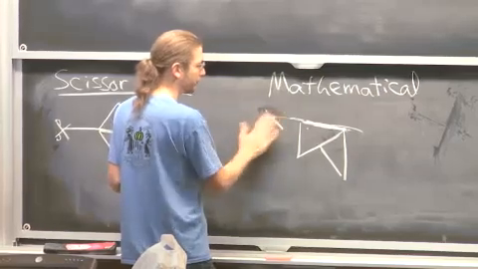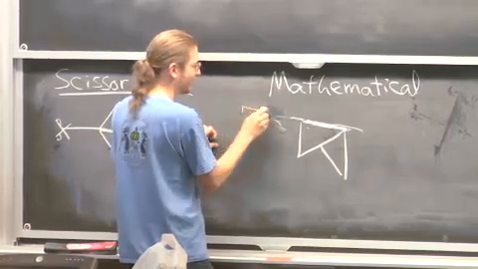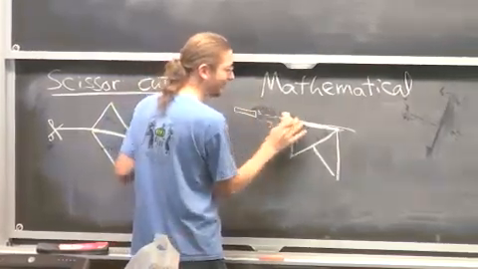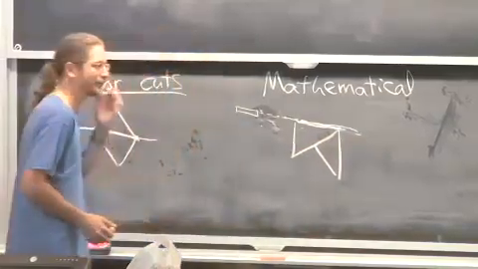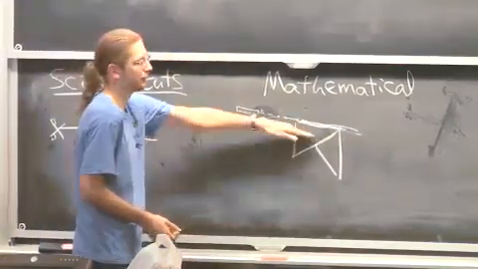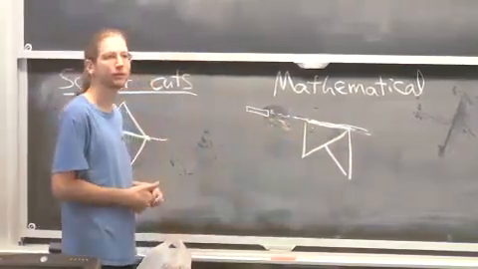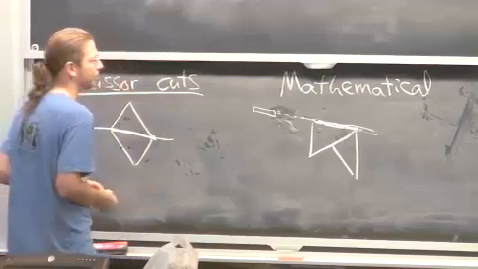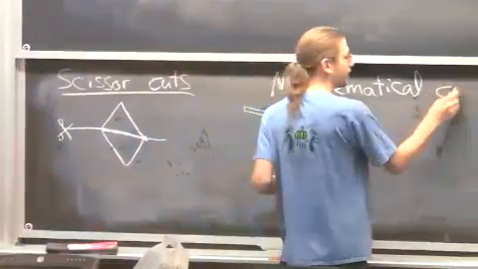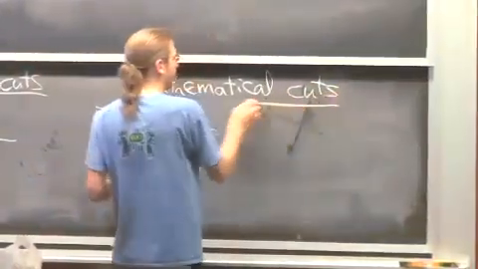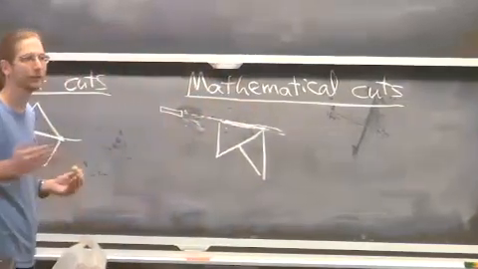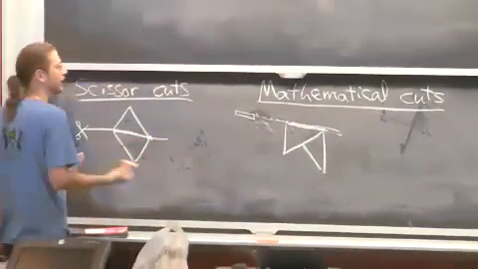Maybe I shouldn't draw scissors. Imagine a laser beam which can zap right along the line. So there's no material on the left side of the line, just material on the right, but yet it separates the two things on the right. We call it a mathematical cut because it is the natural definition mathematically. You're erasing a line. But practically it's a little hard to do.